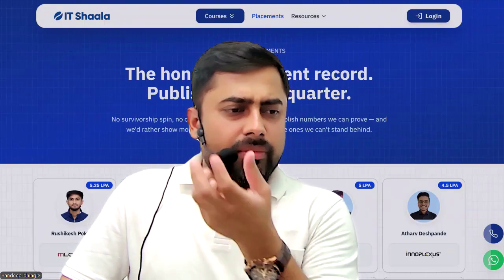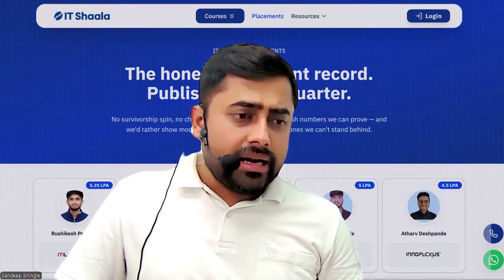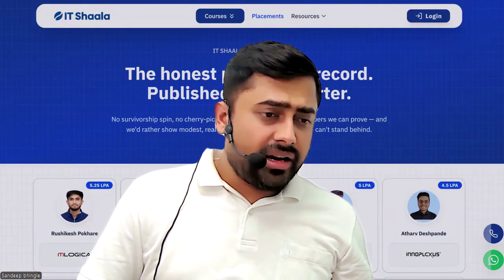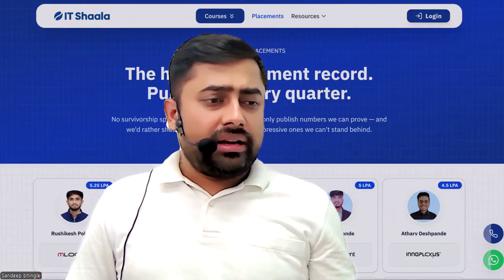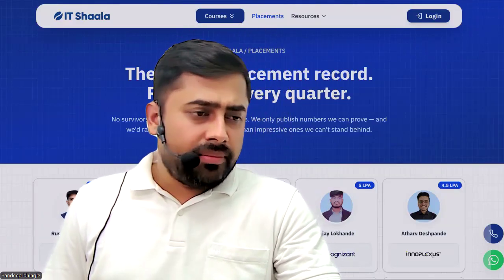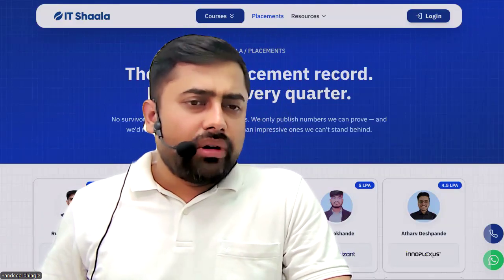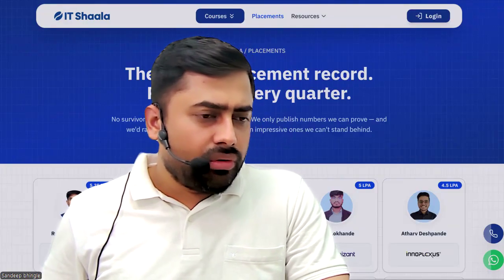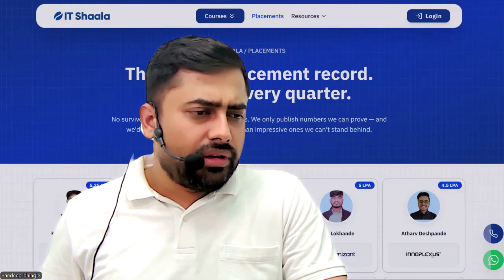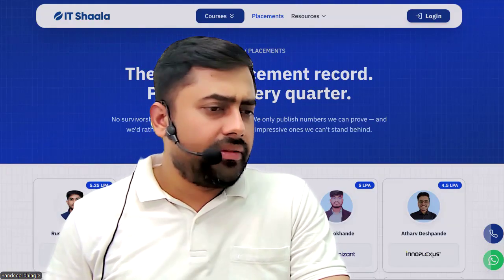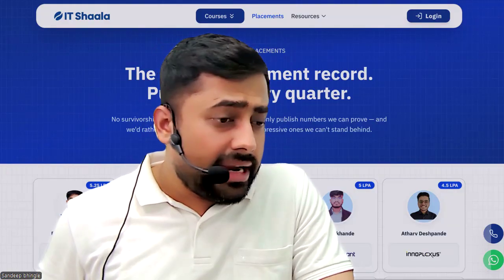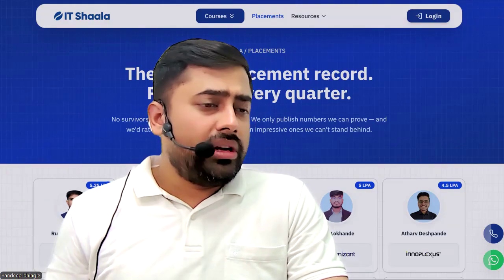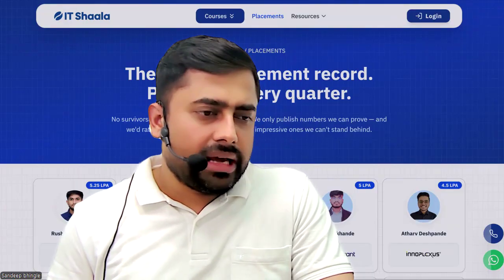Otherwise, if some institute is giving a 100% guarantee of a job, consider that there are a lot of IITs and NITs in the country. They cannot even claim 100% placement, right? How can a particular institute say that they are going to give you a 100% job? Even though the most qualified engineers in the country, those who have qualified the IIT entrance exam and are in the IIT, still that college is not giving a 100% guarantee.